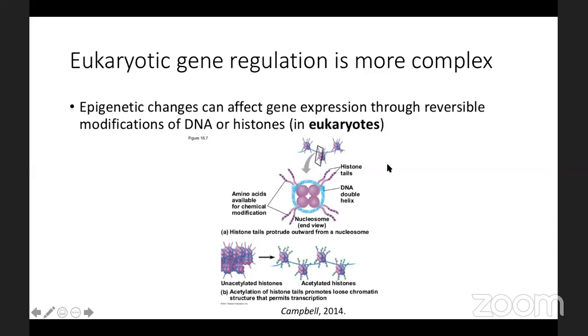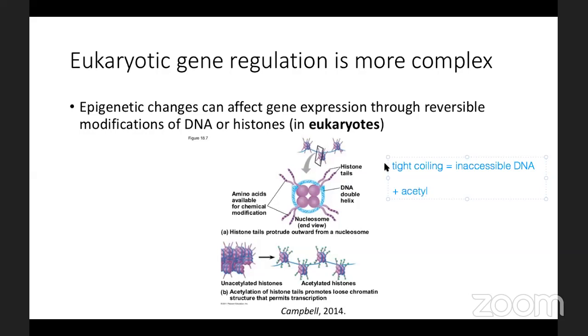So usually when you have these tight coils, you can't actually access the DNA and transcribe it. So let's write that down. Tight coiling means that the DNA is inaccessible, right? But the cell has a way of making that DNA accessible again by adding acetyls.